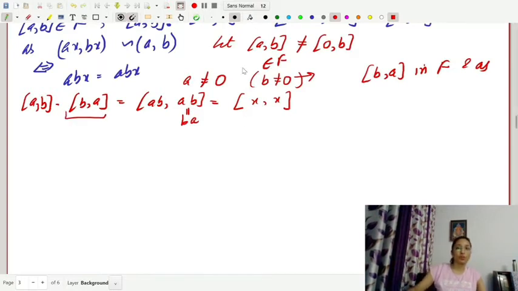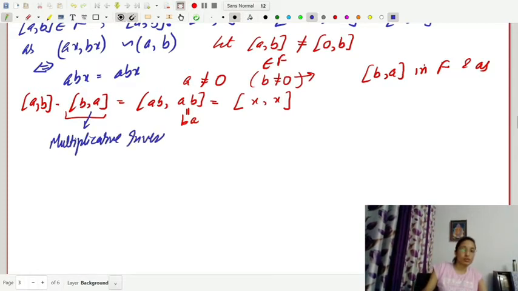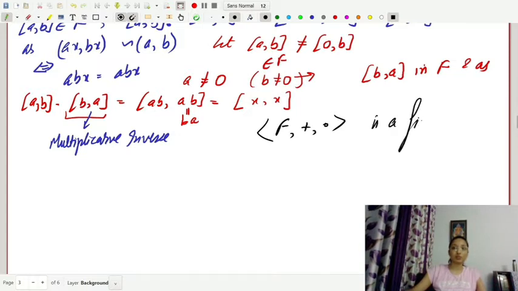Therefore, this quantity is our multiplicative inverse, and hence we claim that F under addition and multiplication as defined is a field.